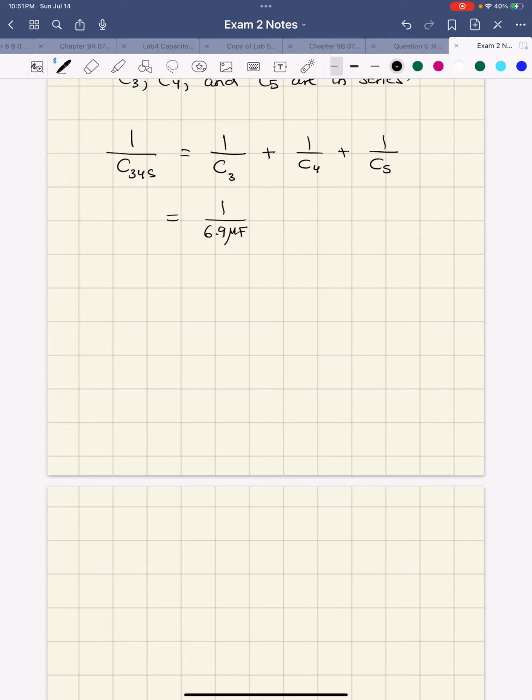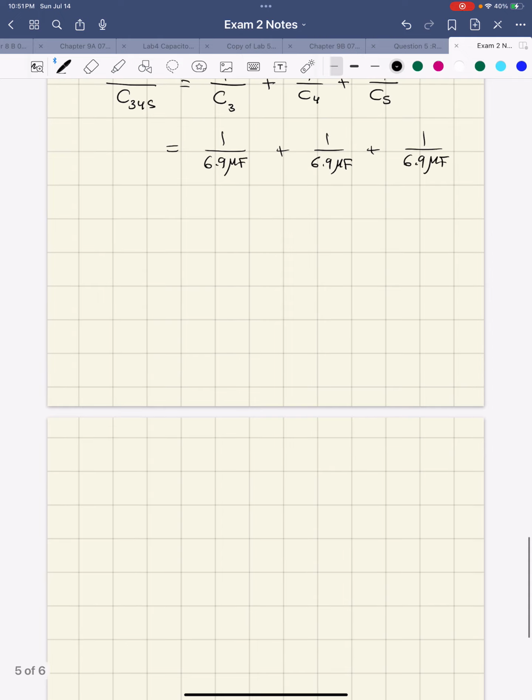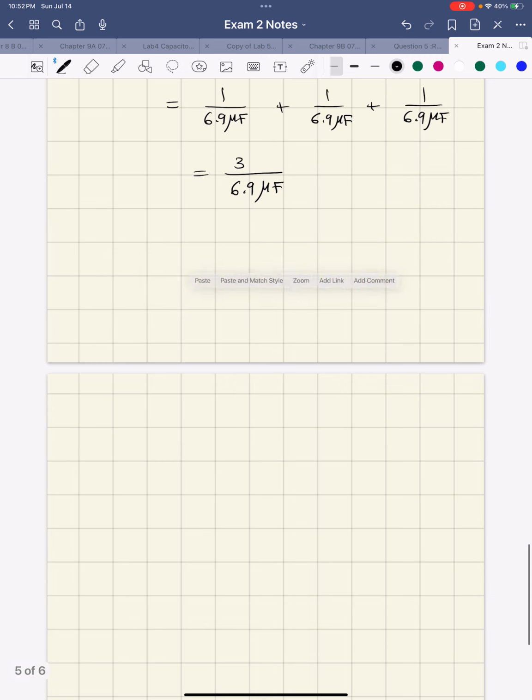This is 1 over 6.9, and this one is 1 over 6.9, and that one is 1 over 6.9, so this is 3 over 6.9, and this is 1 over C. Then to calculate C345, you take 6.9 microfarad divided by 3, and that is 2.3 microfarad.